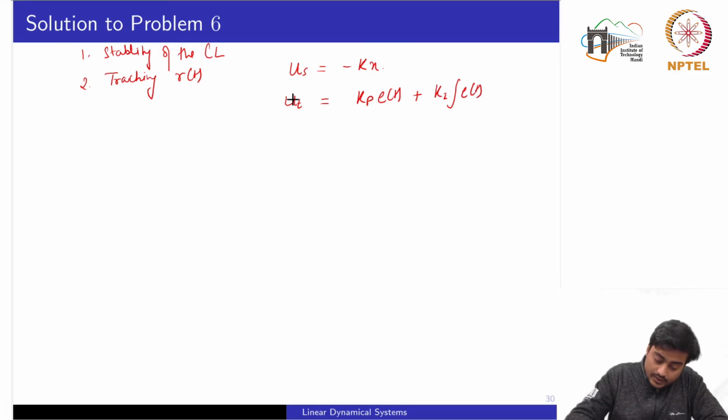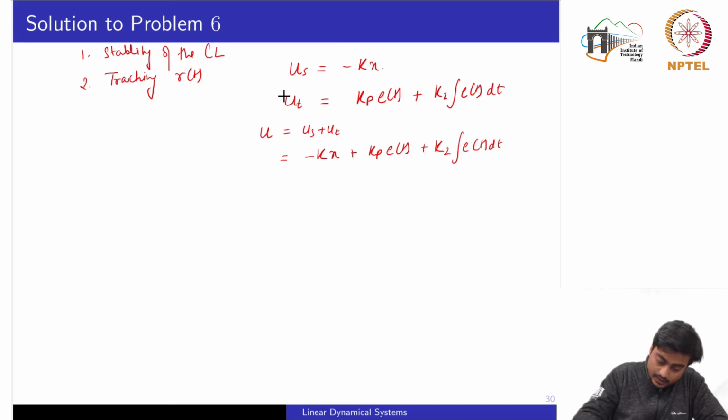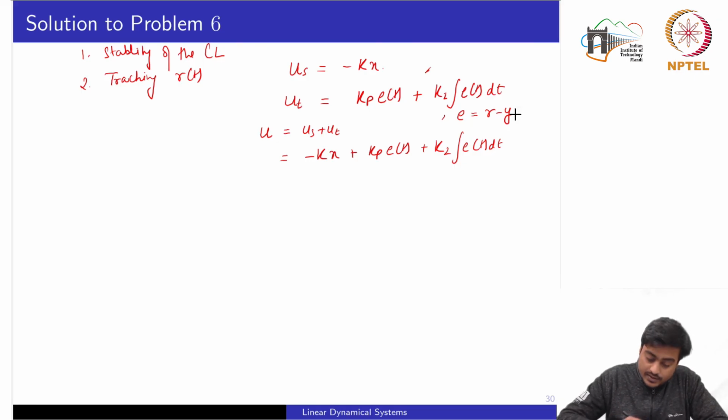Okay, so if I combine both these inputs as the actual input, that is us plus ut, I would have −kx + kp e(t) + ki ∫e(t)dt, where my error signal is r − y(t). Okay, r is the reference trajectory and y is the output of the system.